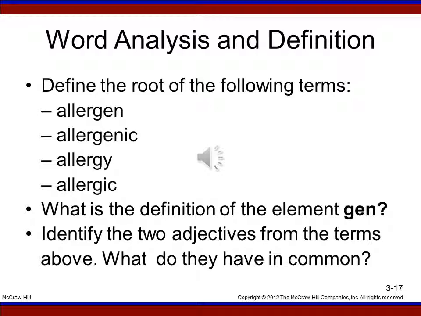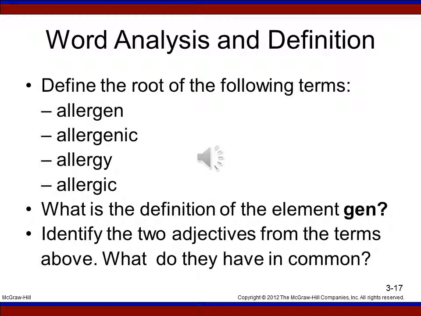So we have a root ERG, meaning work, activity. Strange work activity. What is the meaning of the element G-E-N? That element, gen, in the word, is producing. So identify the two adjective terms from those listed.